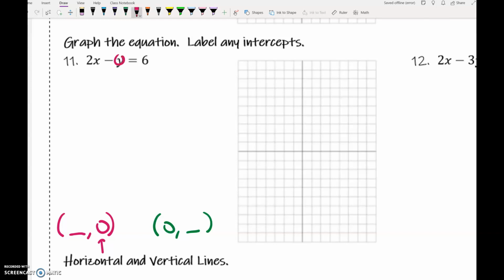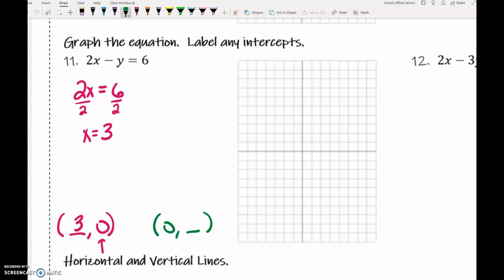If I put a 0 in right here, I basically have 2x equals 6. So honestly, what I do, if I'm putting 0 into one of the letters, I just cover that letter up with my finger, and I see I've got 2x equals 6. We can solve that really quickly. What does x equal? 3. My x-intercept is 3.